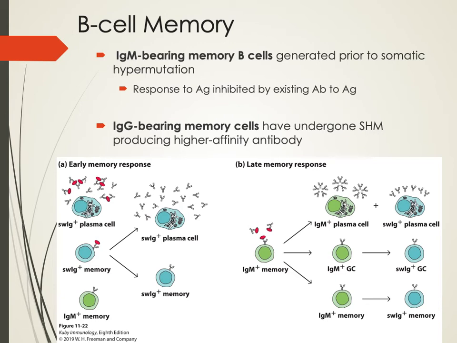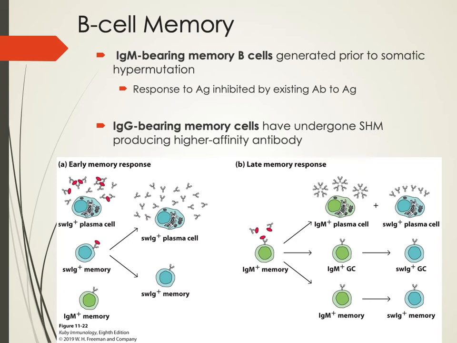So they're different than the IgG-bearing memory cells. These ones have undergone isotype switching. So again, the stage at which they're selected is different. You can think of it as, at each step, we're going to keep a memory population so we don't have to start from square one again.